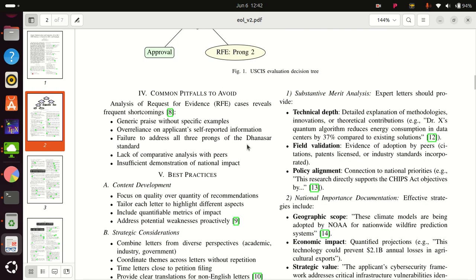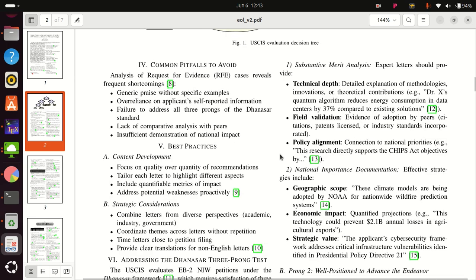So avoid generic praise. Avoid reliance on self-reported information. Always say that you found that information based on independent research. Always make sure that you address all 3 prongs in the independent evaluation letter. You should always compare with peers and say that the candidate is among the top 10%, 20%, or has this unique skill.